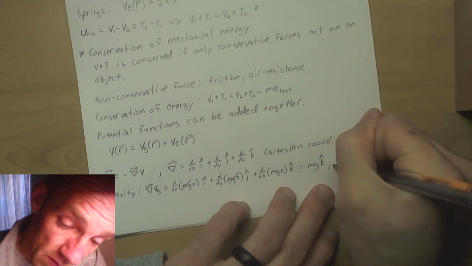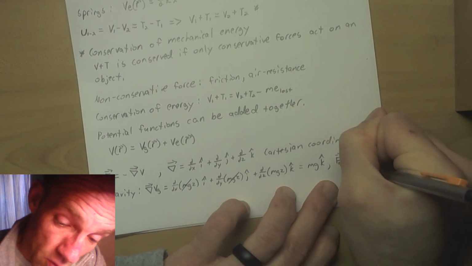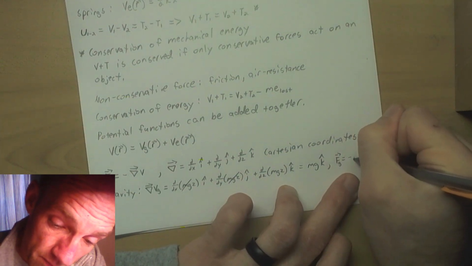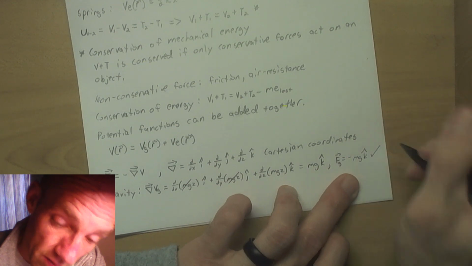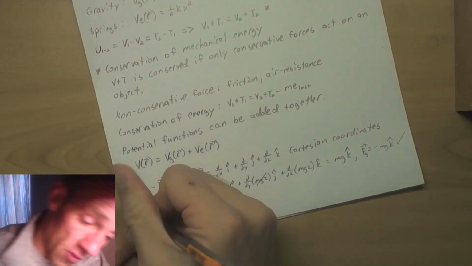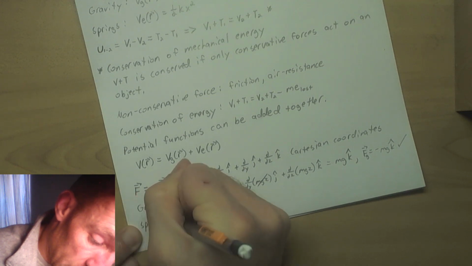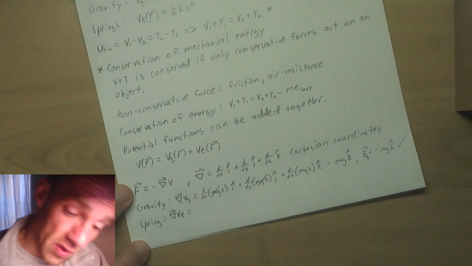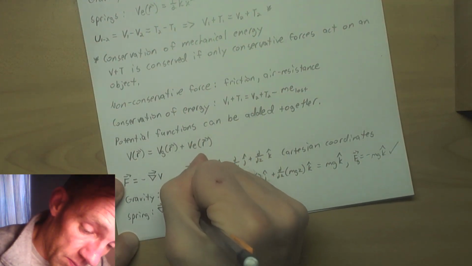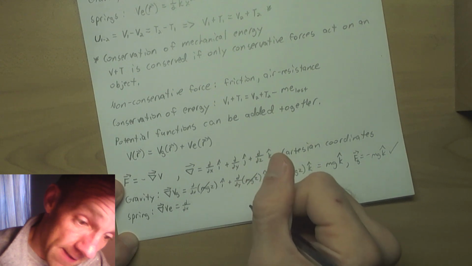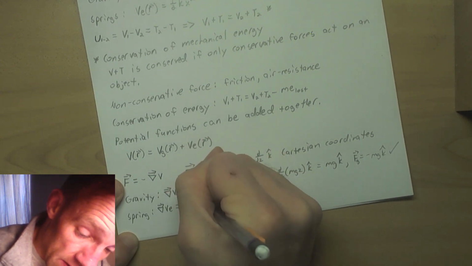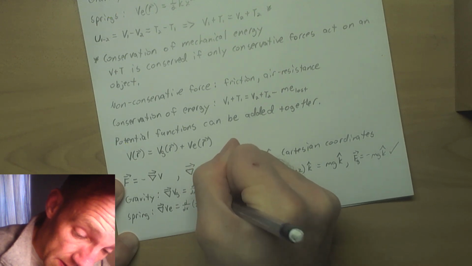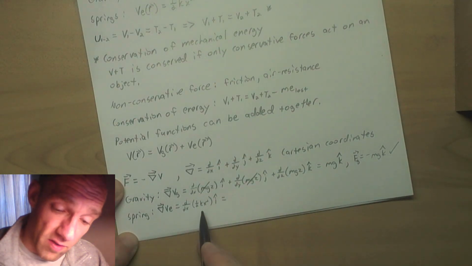And so the force of gravity is equal to the negative of the gradient, and that checks, right? And then likewise for springs, the gradient of the elastic potential only involves x, so this is the only component.